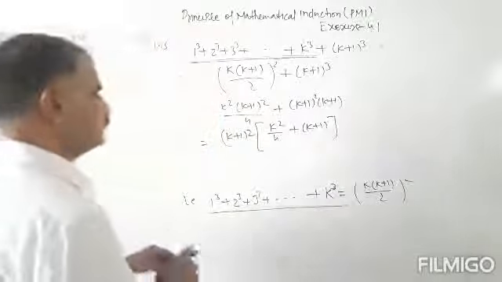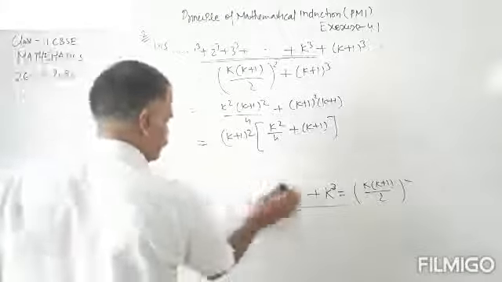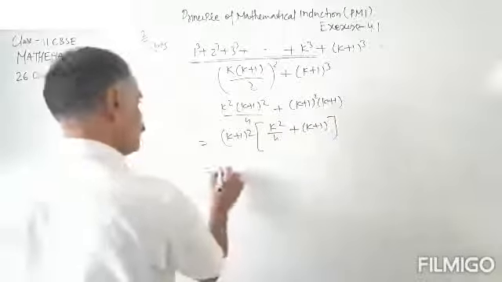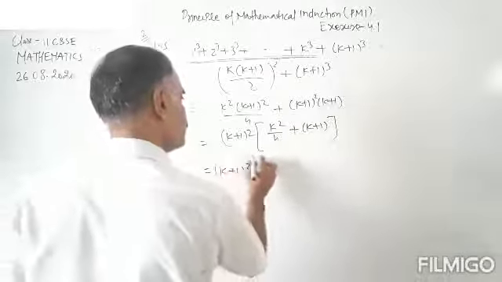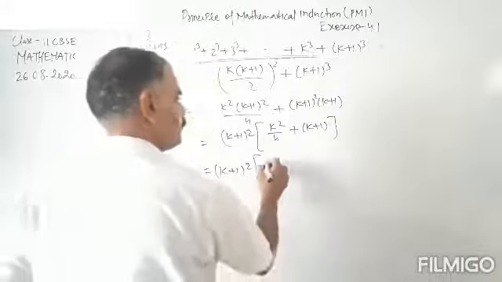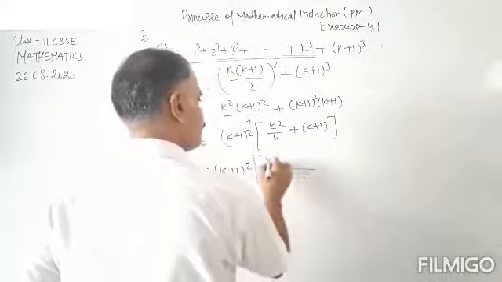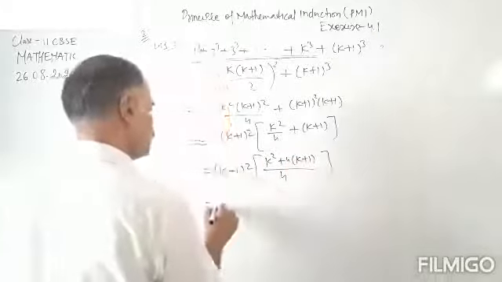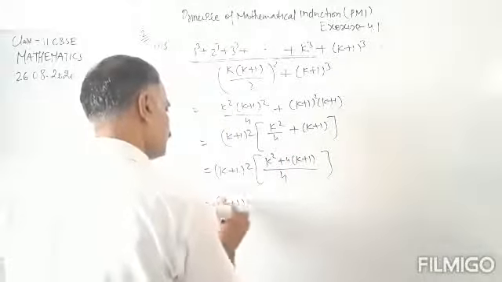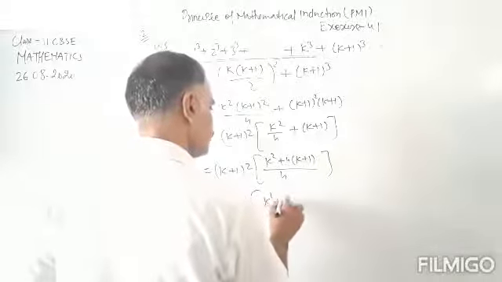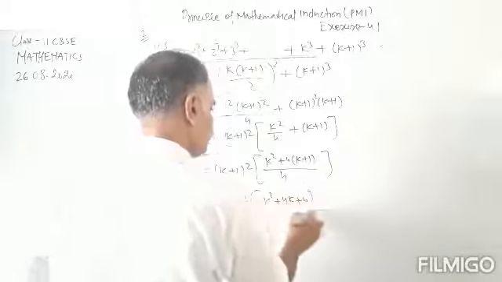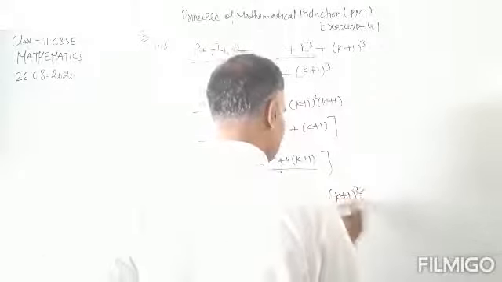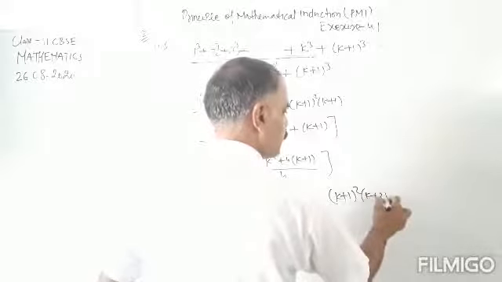Now solving this using LCM, taking 4 as LCM, we have k plus 1 square times k square plus 4 into k plus 1 upon 4. So this is equal to k plus 1 square times k square plus 4k plus 4 upon 4, which is k plus 1 square times k plus 2 whole square upon 4.